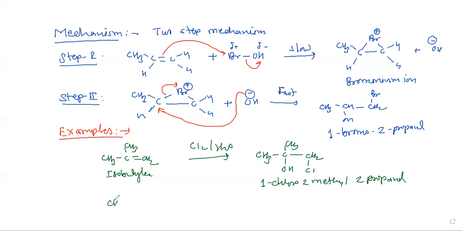You can write a number of examples. CH=C(CH3), this is again 2-methyl-2-butene.